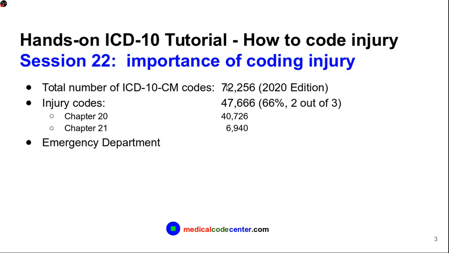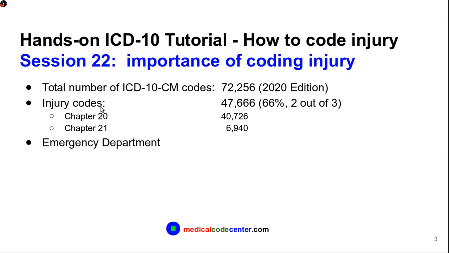Among those 72,000 codes, there are 47,666 injury codes. So the injury codes cover around 66% of the total codes. In other words, roughly 2 out of 3 codes are injury codes. So if you know how to code injury, then you know how to code 2/3 of the ICD-10-CM codes.